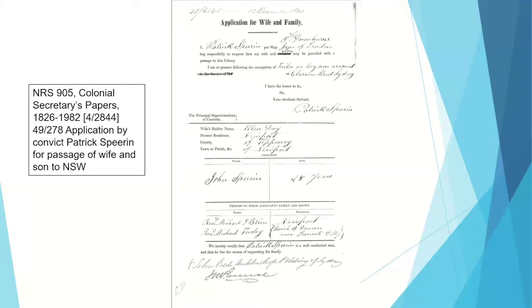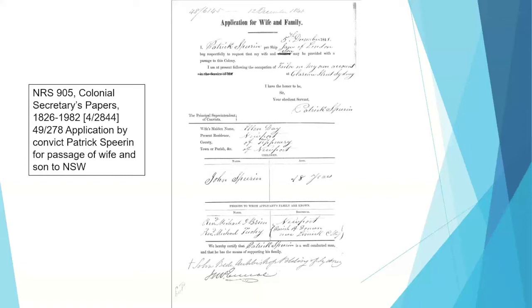Later on, when we're looking at convicts applying for wives and families to come out to New South Wales, you might find an application like this one from 1848. This is Patrick Spearin, who had come out on the ship called the Jane, and he was applying to bring his wife Ellen Day and their son John Spearin, who was 18 at the time, out to New South Wales.